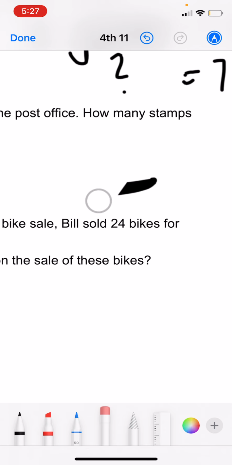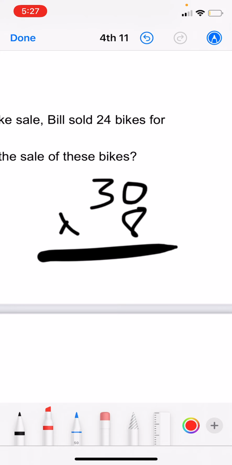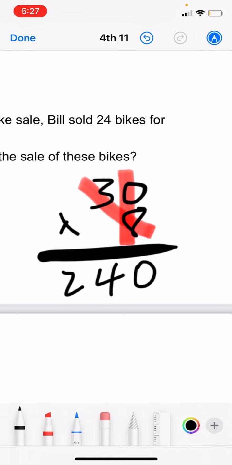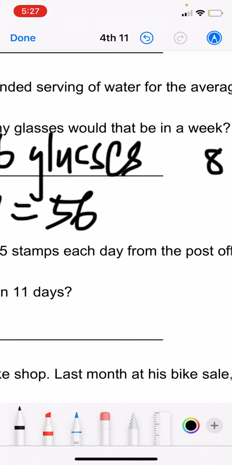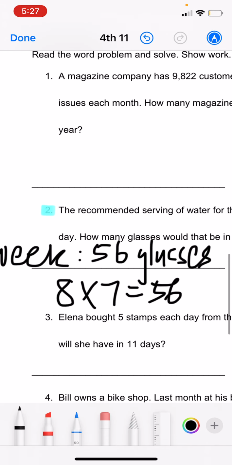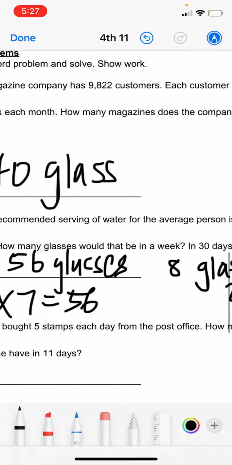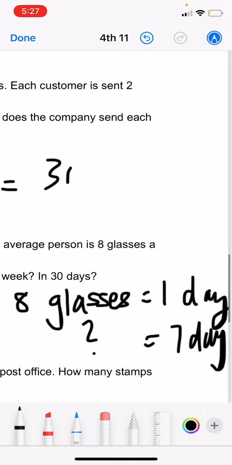Hopefully if I write it down here, it'll be a little bit easier. 30 times 8. We're going to multiply it this way. 0, and 3 times 8 is 24. So it'll be 240. How about I write it up here? 240 glasses equals 30 days.